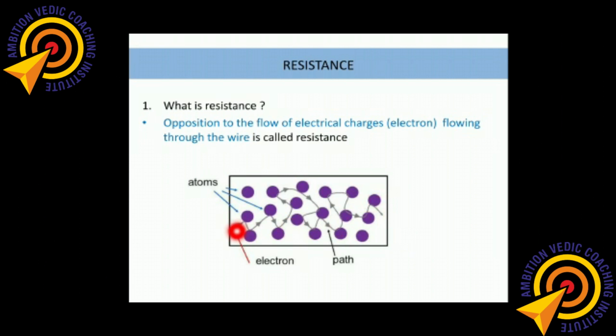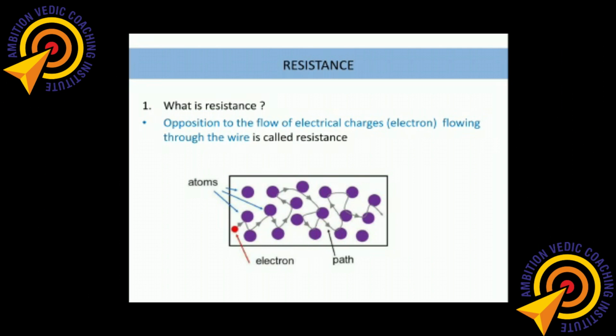Every time the electron collides, its speed decreases and then it increases. Again it starts running very fast and then hits and stops, and then again it starts running fast and then stops. So there are so many collisions, and the collisions are nothing but trying to stop the electron.